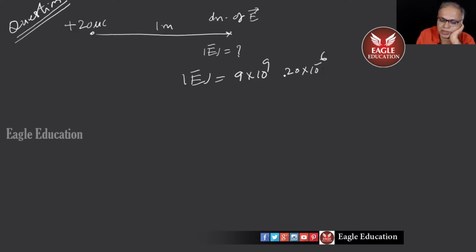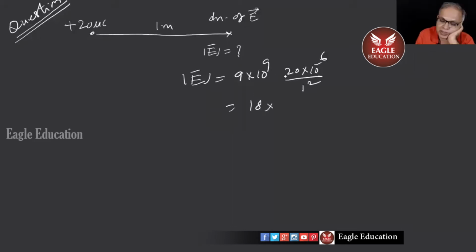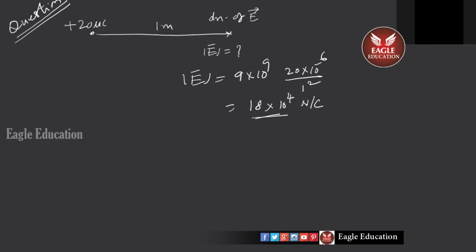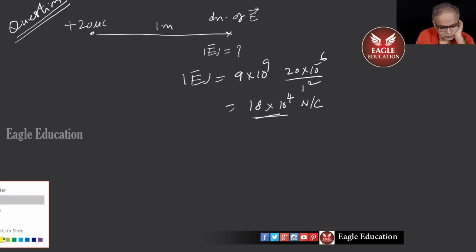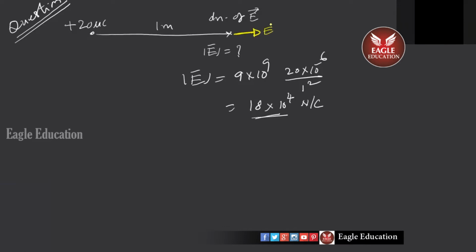I don't need to write plus here once I write mod E. That is 18 into 10 to the power 4 Newton per coulomb. Which way? Away from it. Yeah, this is E.